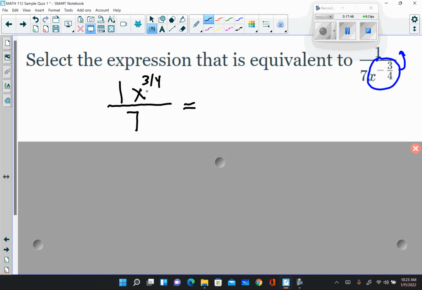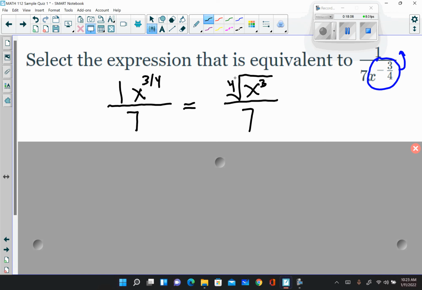When an exponent is a fraction, think of the phrase power over root. So we make this root symbol. X goes inside. Power over root means 3 is the power and 4 is the root. And an understood 1 in front of that. 7 on the bottom.